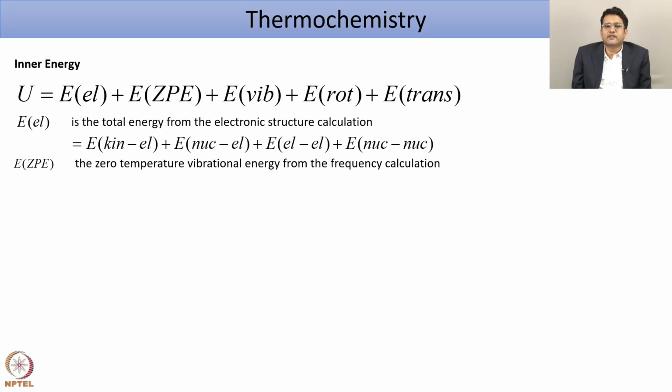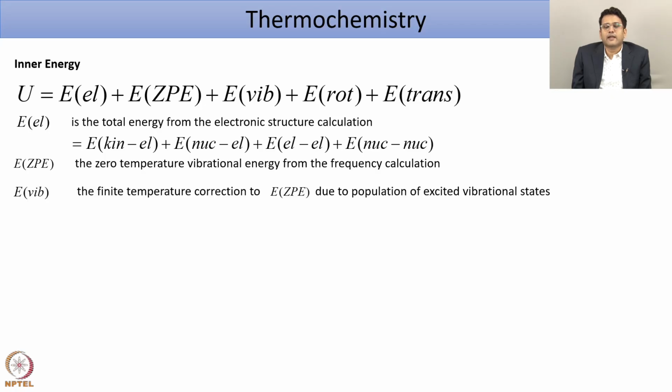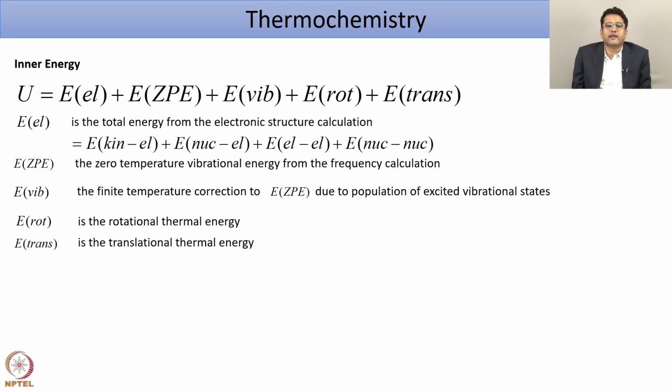Whereas EZP is the zero temperature vibrational energy from the frequency calculation, that is the zero point energy. E vibrational is the finite temperature correction to the EZP due to the population of excited vibrational states. E rotational is the rotational thermal energy, and E translational is the translational thermal energy.